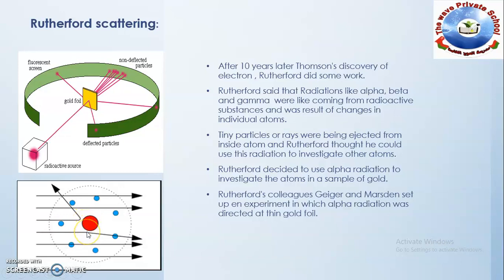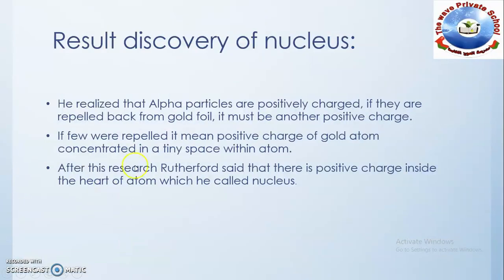On the other side, some particles change their directions, so we can say that they scattered their way. So some particles that are near the nucleus change their direction or scatter, and some are deflected back. After this discovery, he found that alpha particles are positively charged because like charges repel.